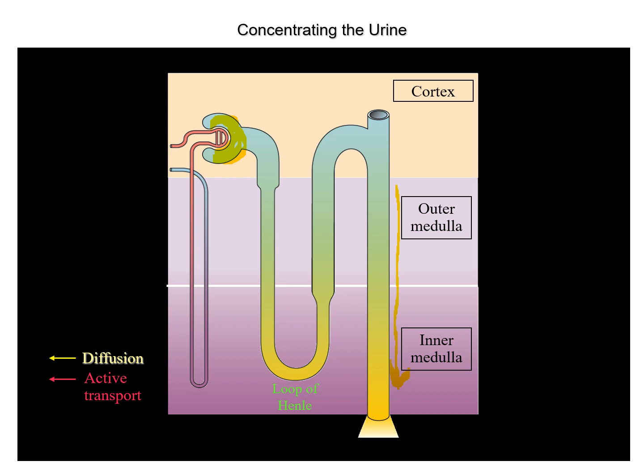Okay, the loop of Henle has an ascending limb, which is permeable to sodium and chloride, but not permeable to water. And the descending limb of the loop of Henle is permeable to water, but not sodium or chloride.